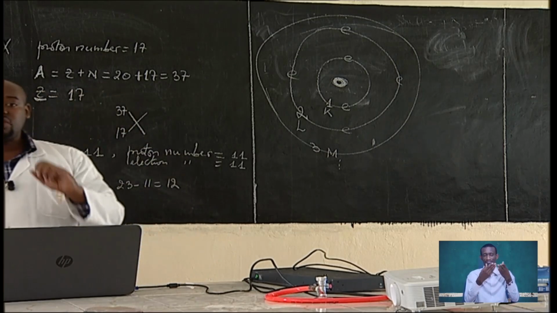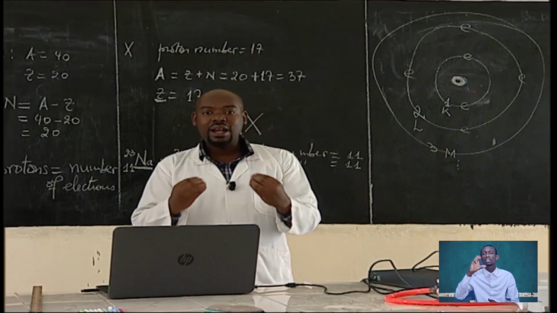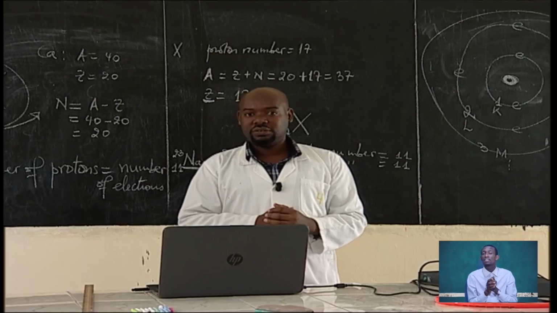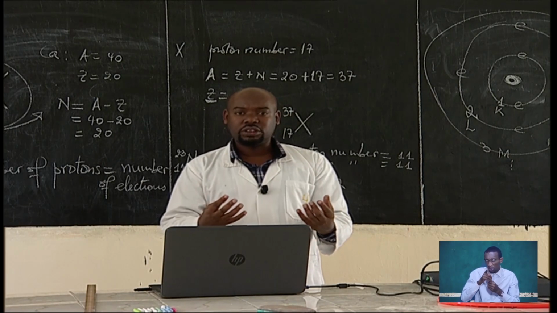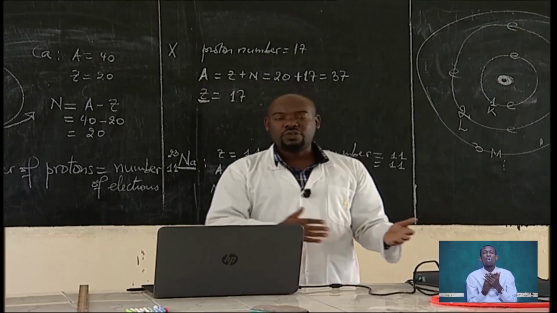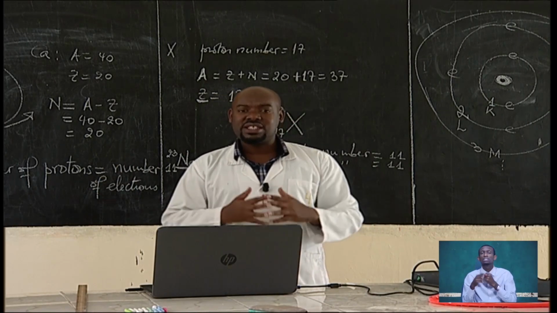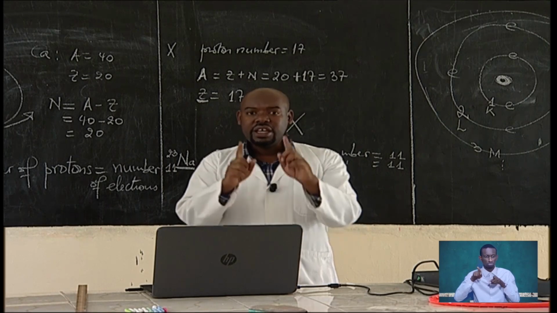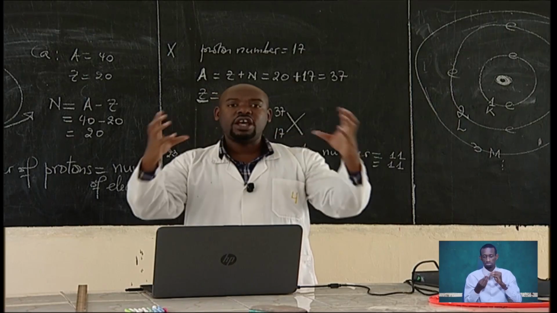And another question is this: do you think all energy levels, from the first energy level up to the 7th energy level, can contain the same number of electrons? They can't. So they contain different numbers of electrons.